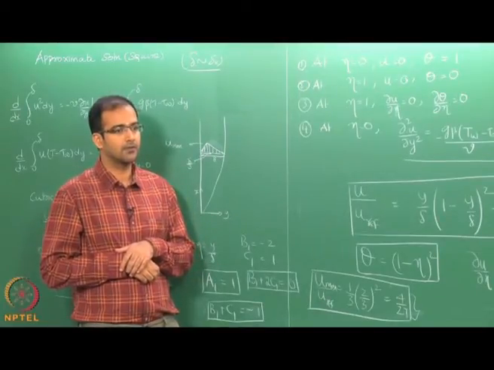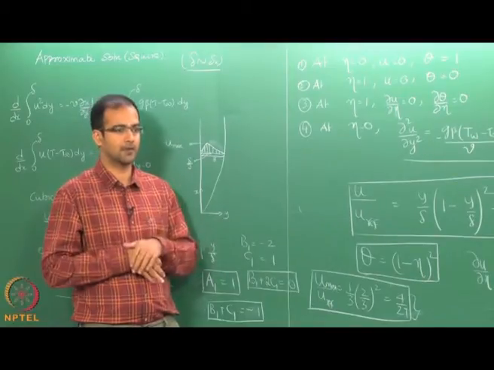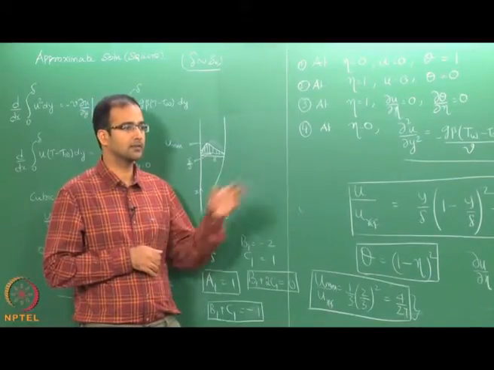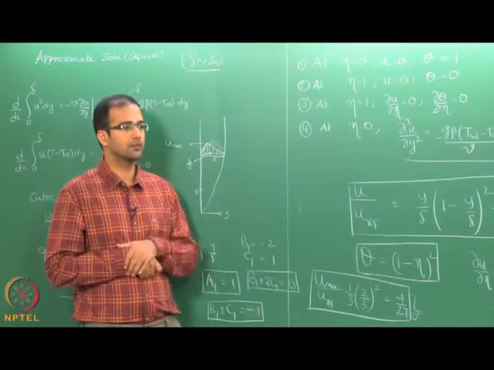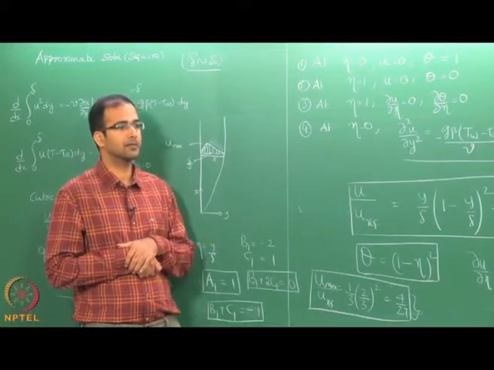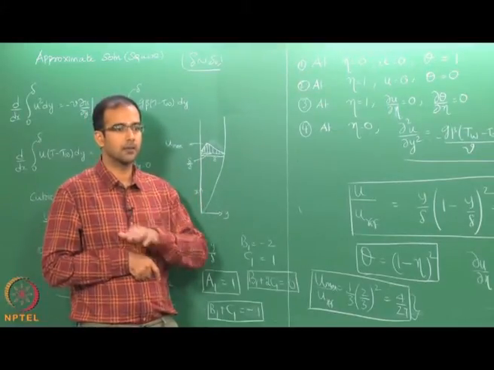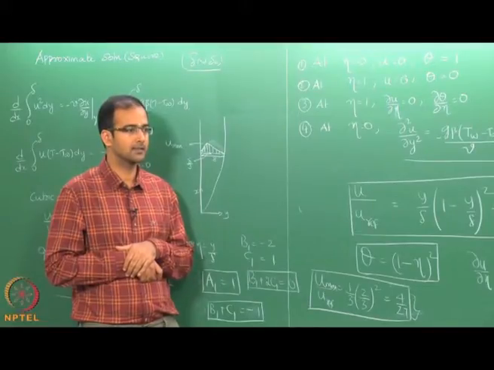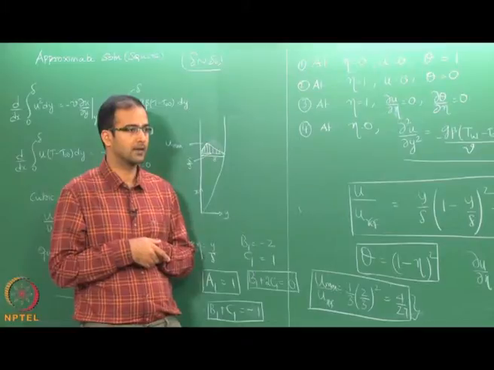You do not know exactly what u max is, but u reference you know, because we estimated it from the scaling analysis, that is nothing but square root of g beta (T wall minus T infinity) times h. This is the approximate order of u reference. Okay.